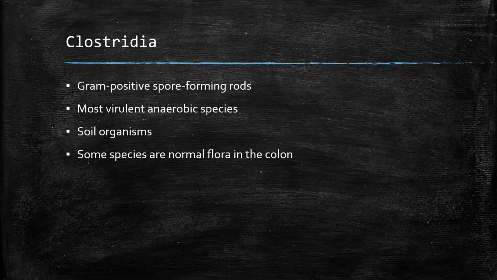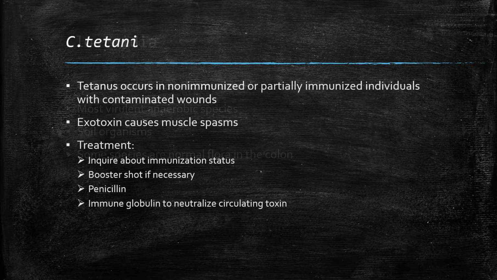Clostridia are gram-positive spore-forming rods that are by far the most virulent anaerobic species. All of these bacteria are found in soil, but several of them are normal flora in the colon. Clostridium tetani infections occur in non-immunized or partially immunized individuals with dirty, contaminated wounds.